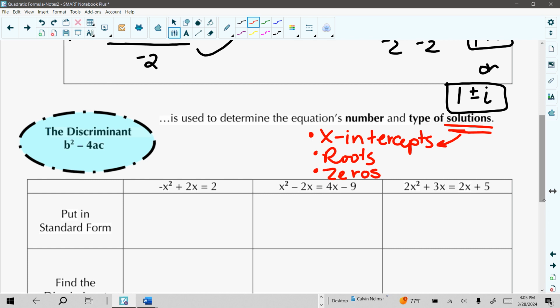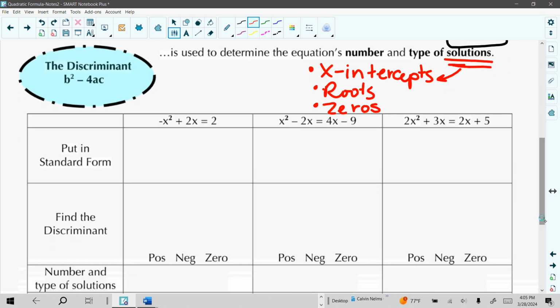We're going to use this table to help us identify why the discriminant is so important. The first thing it says, step 1, is to put in standard form. Remember, standard form means it has an equal to 0. So I would add -2 on both sides so that this constant on the right would cancel and turn into a 0.